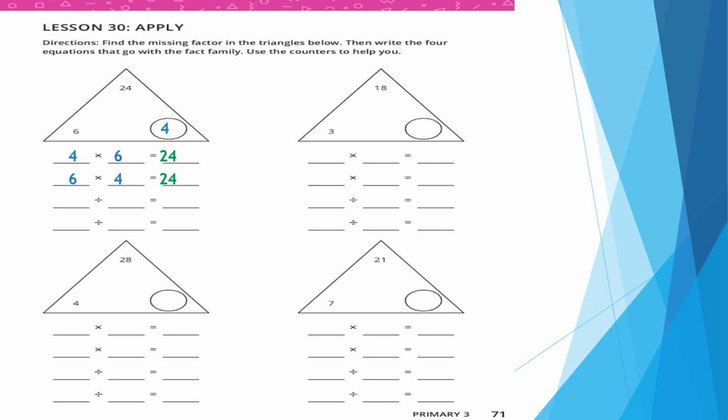Now we will write the division equations. We said in division equation, we must put the big number first. Which one is the biggest number? 24. So we will write 24 first in the dividend place. 24 divided by 6 equals 4.